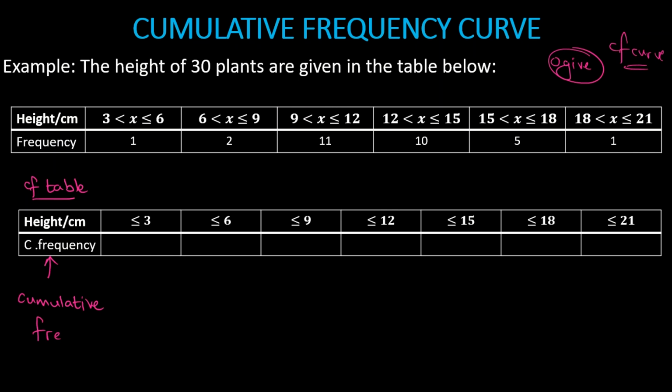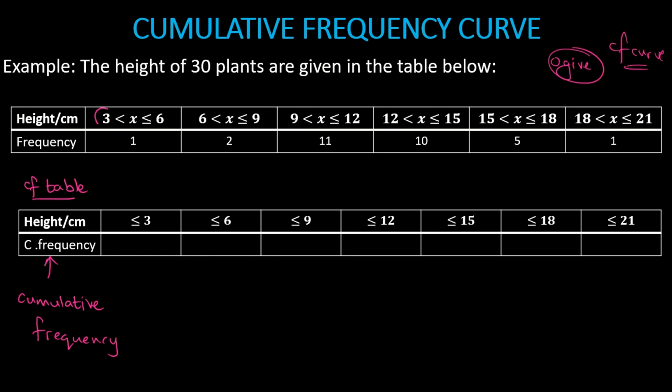Cumulative frequency is what we call the running total, meaning we have to add the frequencies as we go through the table, right? How do we obtain the CF values, the cumulative frequency values? You have to interpret the table very carefully.